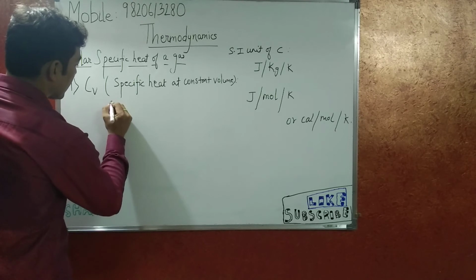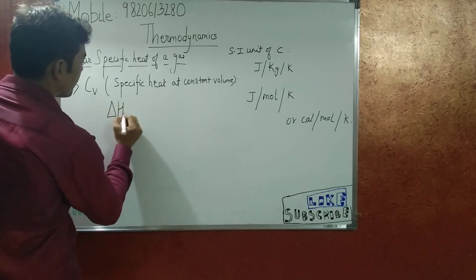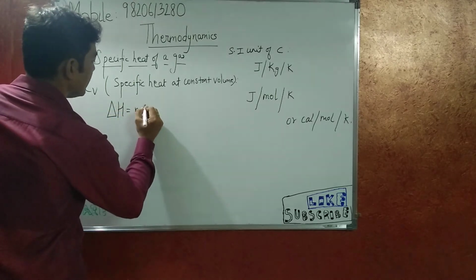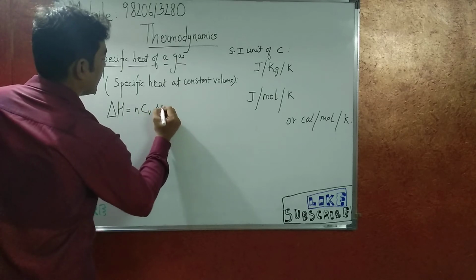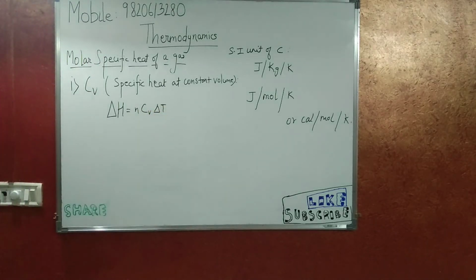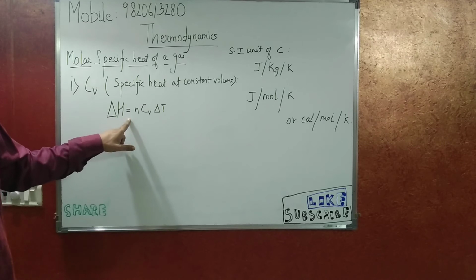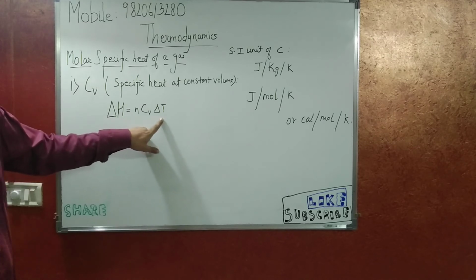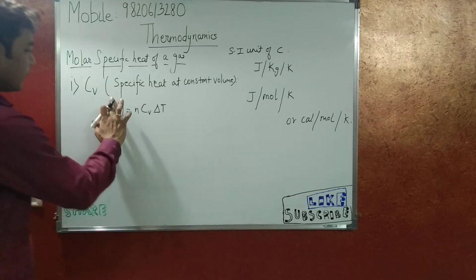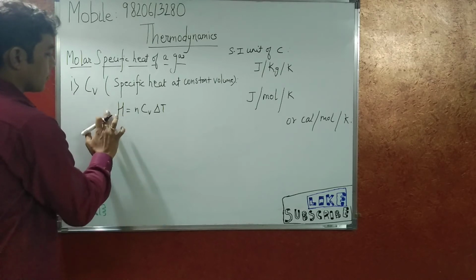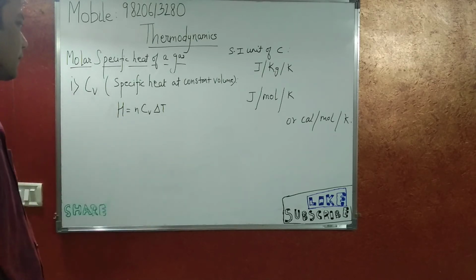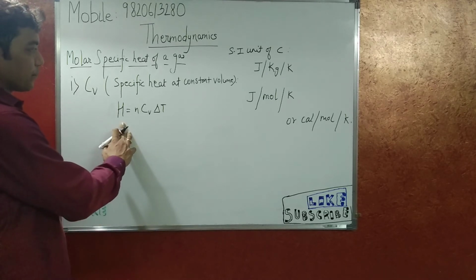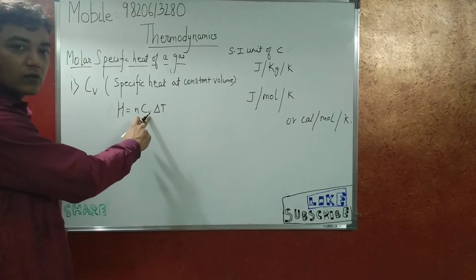It is H equal to N CV delta T. So you understand what is specific heat at constant volume?